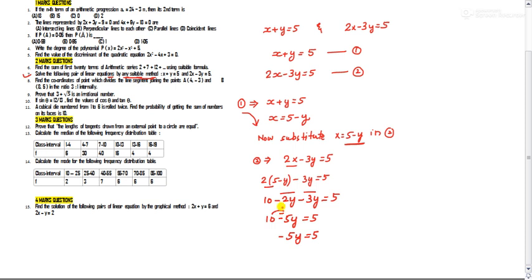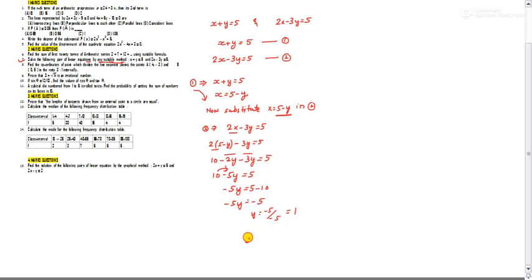So this will go to the RHS. It will become minus 10. So if you solve, this is minus 5y. Here you will get minus 5. Right? Now what is y? It is minus 5 by minus 5, which is equal to 1. So we got the value of y as 1. Got it, guys?